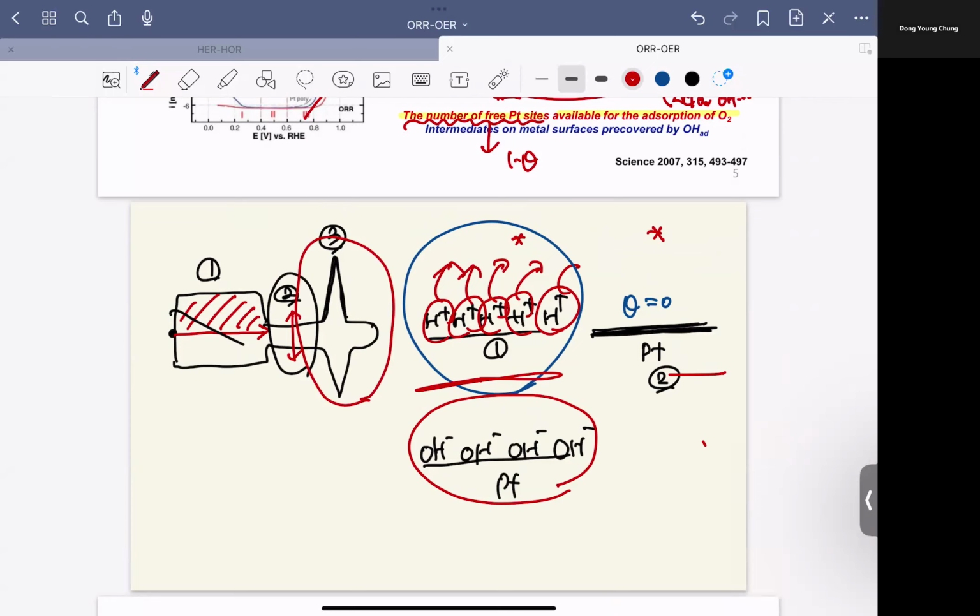So that's the reason why the activity decreases with increasing potential, because the surface of the platinum can be covered by the OH or oxygen species, which prohibits further oxygen from being adsorbed on the platinum, right? So the key is how to control the platinum OH, right? For higher or lower activity.